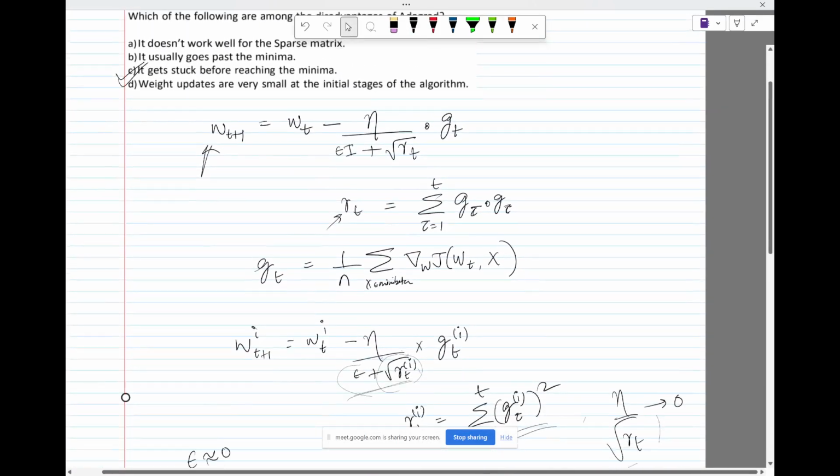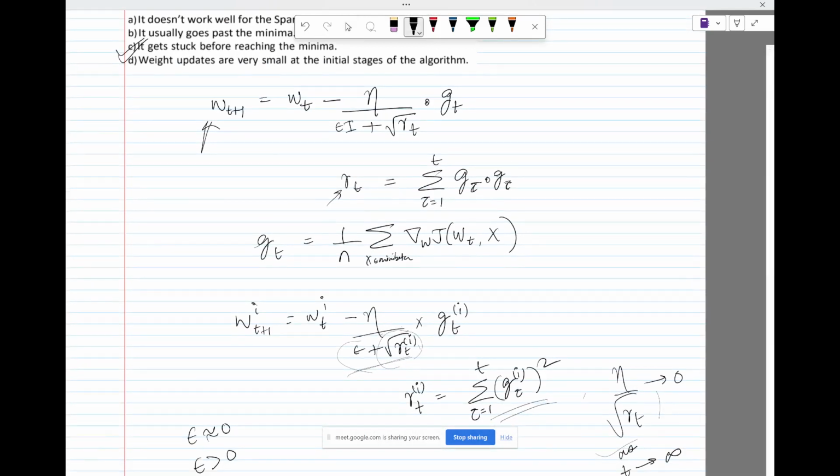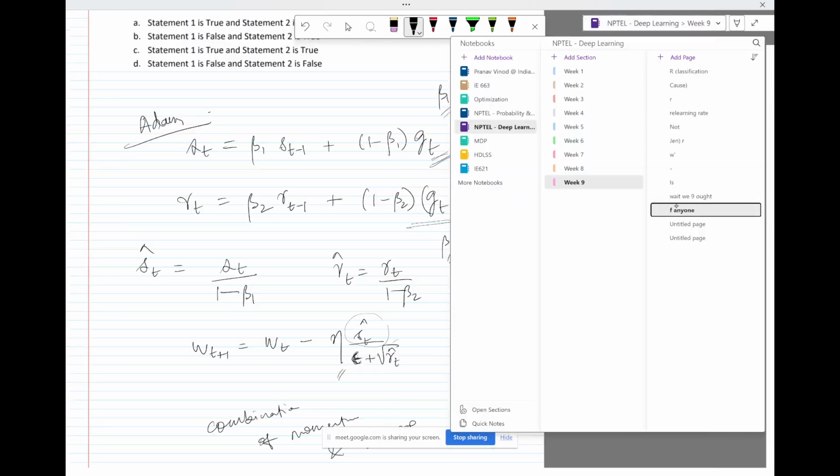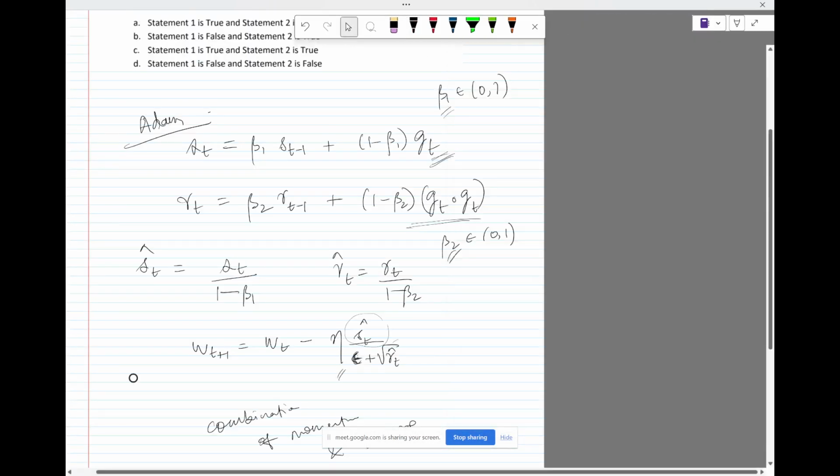This was Adagrad, right? In Adagrad, you accumulate the gradients by summing them till time t. But here, the way you accumulate is in r_t, where you give a factor for how much you want to accumulate from the previous step and how much from the current step.